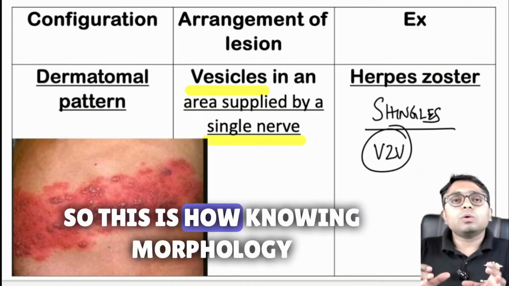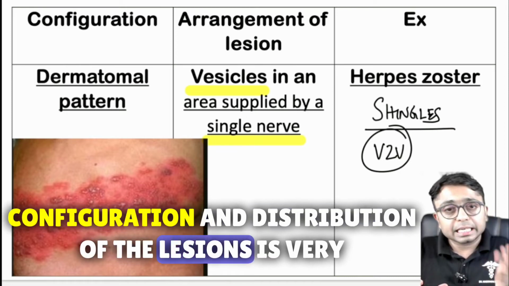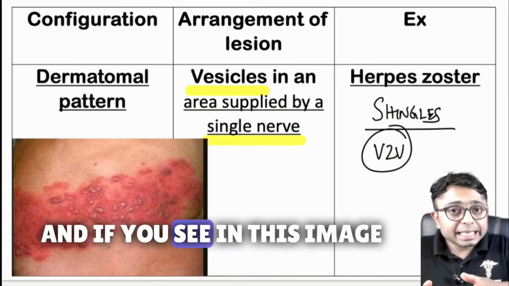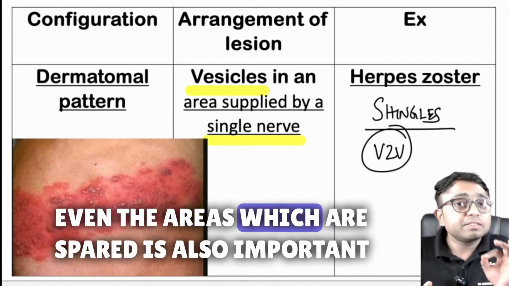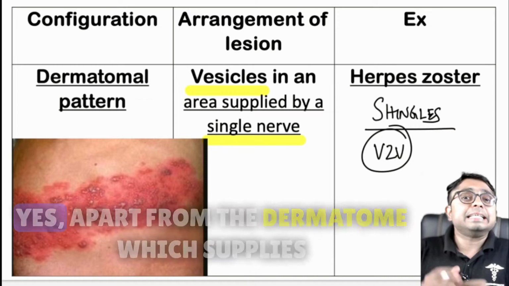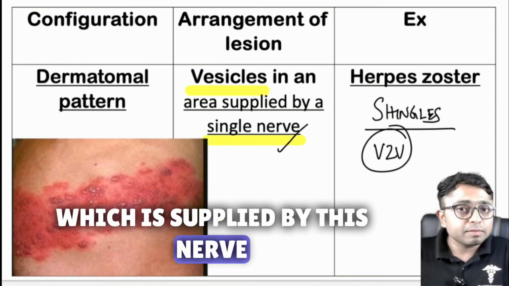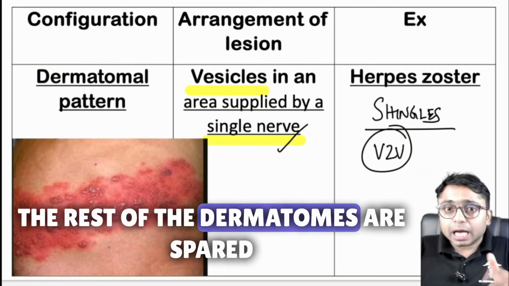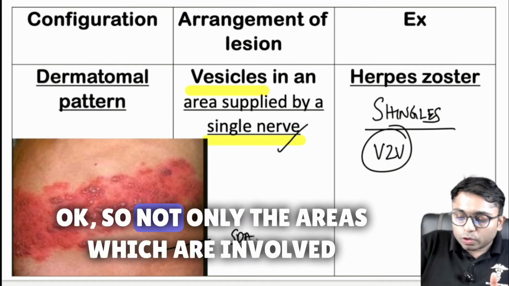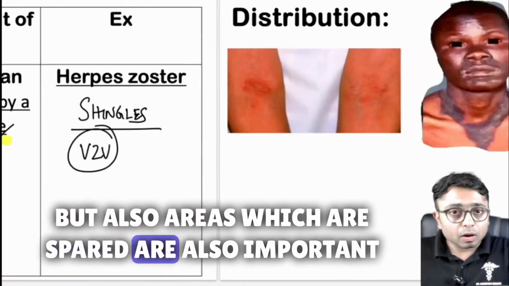So this is how knowing the morphology, configuration, and distribution of the lesions is very important. And if you see in this image, even the areas which are spared are also important. So which are the areas which are spared here? Yes, apart from the dermatome which is supplied by this nerve, the rest of the dermatomes are spared. So not only the areas which are involved, but also the areas which are spared are important.